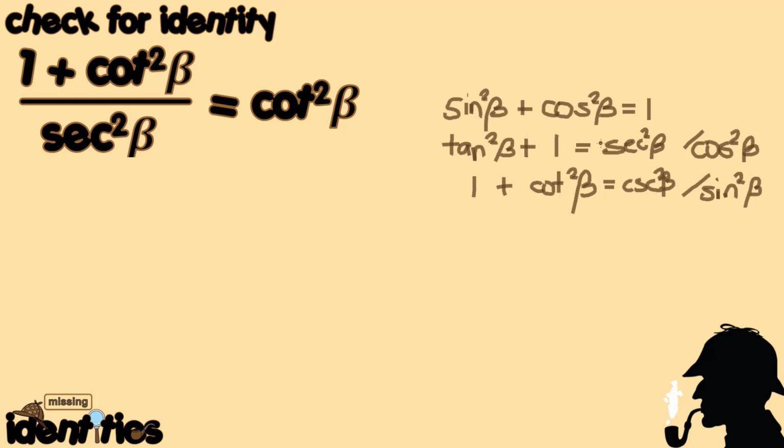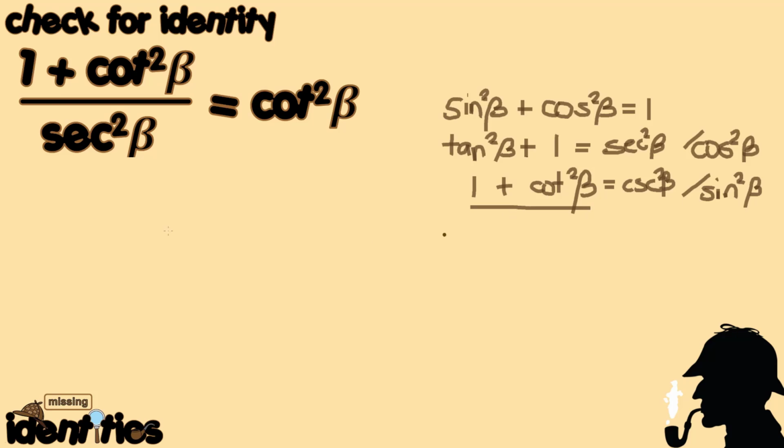These are the three Pythagorean identities that can be used aside from the idea of transforming 4 of the 6 trigonometric functions into either sine, cosine, or a combination of both. We are presenting this because, looking at the numerator of our left-hand side for the given identity, we have here 1 plus cotangent squared beta.